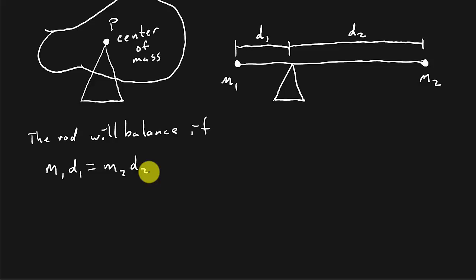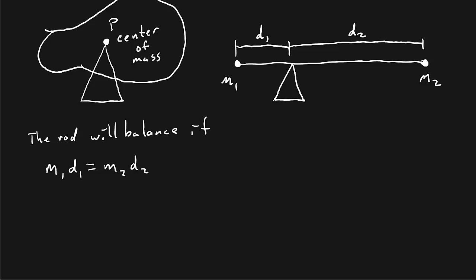This is called the law of the lever. One way you could think of it is a lighter person balancing a heavier person on a seesaw by sitting farther away from the center. That's going to make a difference in how it balances.